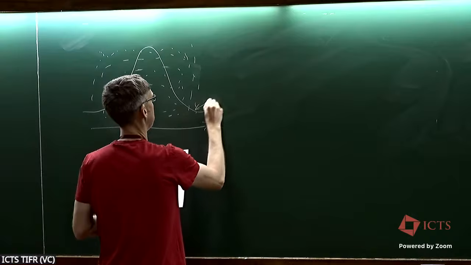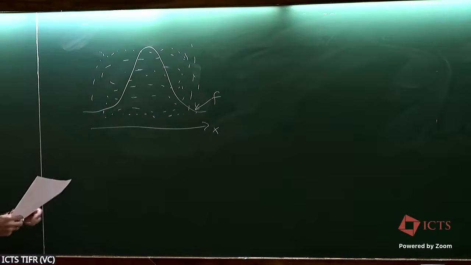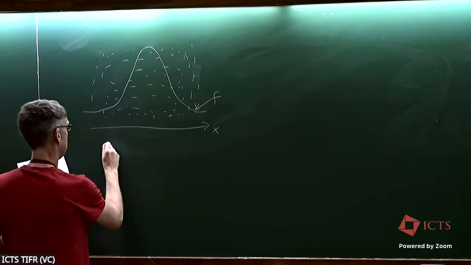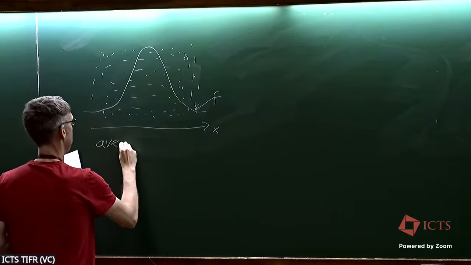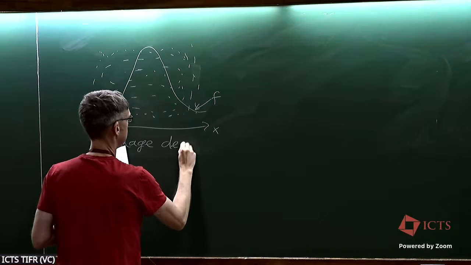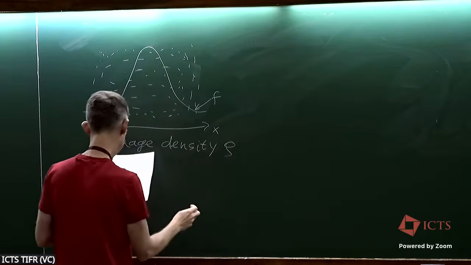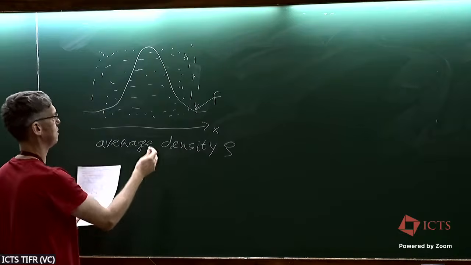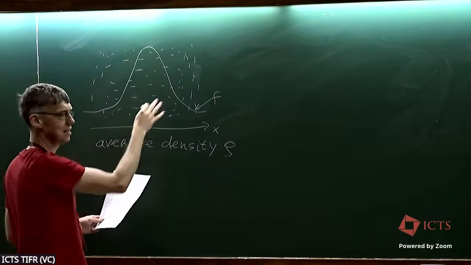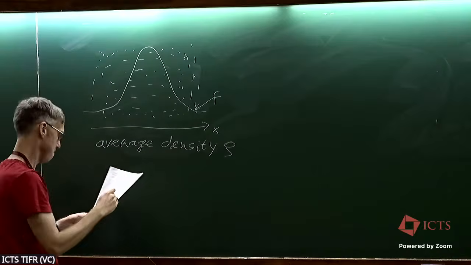And this f is the function I use in the averaging. So this could be a Gaussian, for example. And what you can then define is an averaged density. So instead of working with point masses, you average over them, and then you have a continuous density.